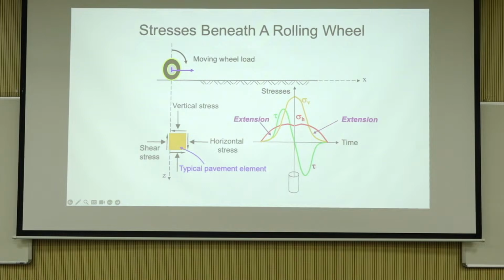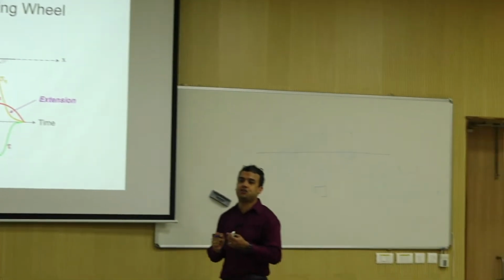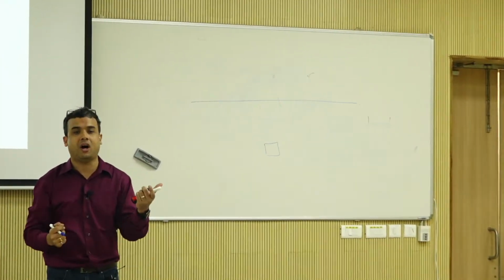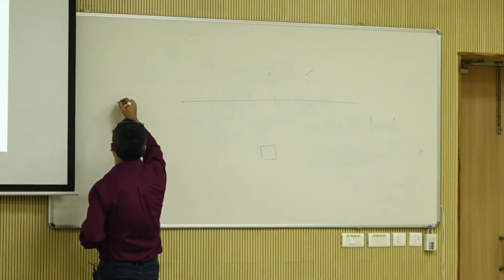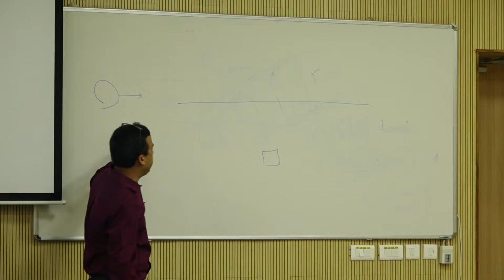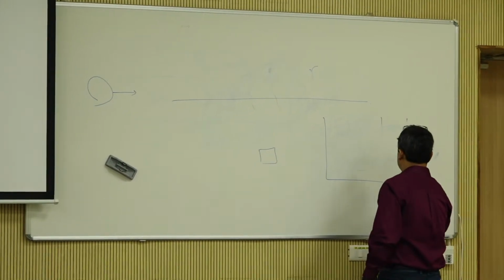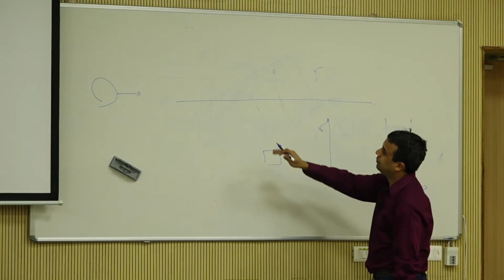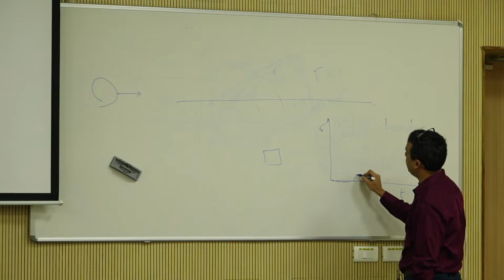This is the road, this is a soil element, and I am sitting at the soil element with a pressure sensor and my watch, or a data acquisition system. The truck is coming from somewhere here, this way. With time, this is time, this is sigma. For some time it is 0, 0, 0, 0, 0. Then it starts feeling something.